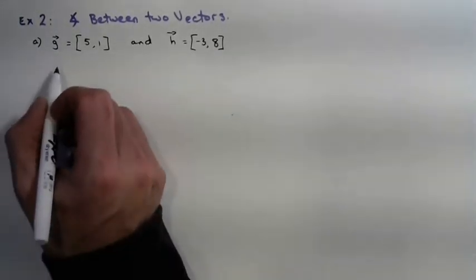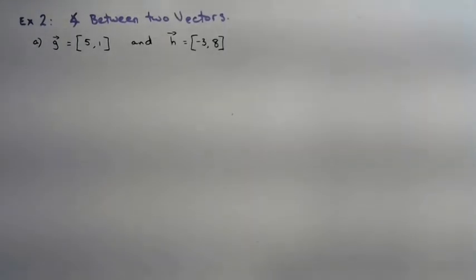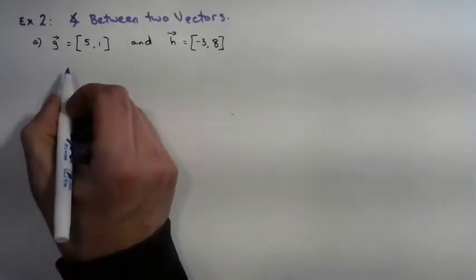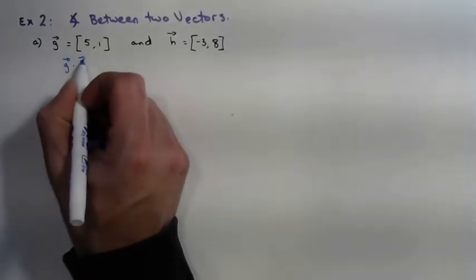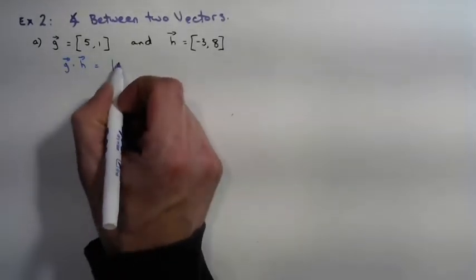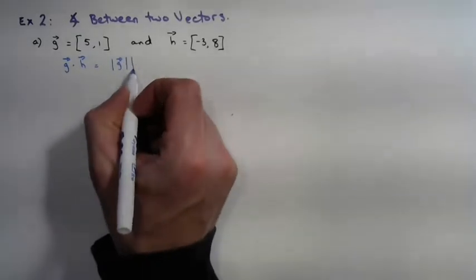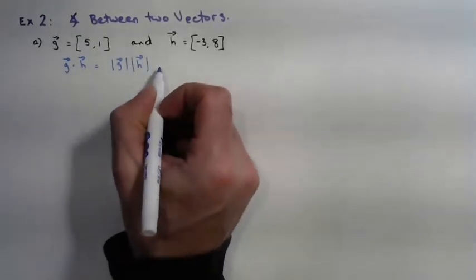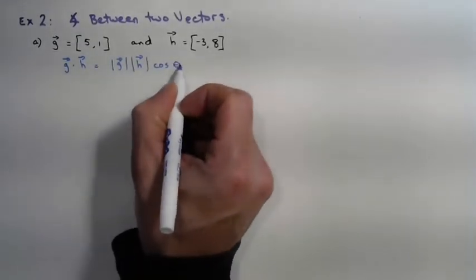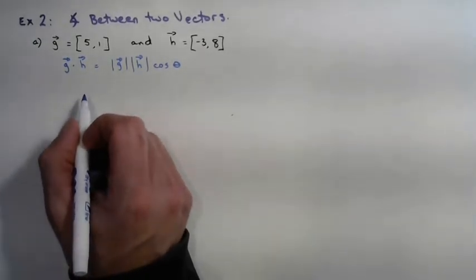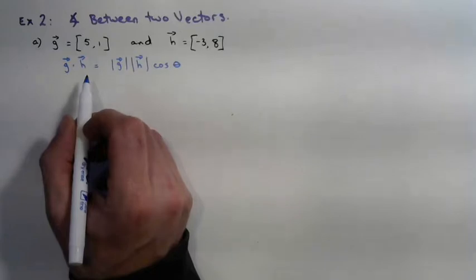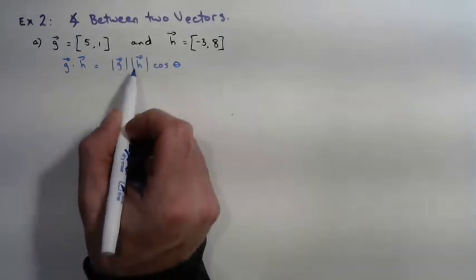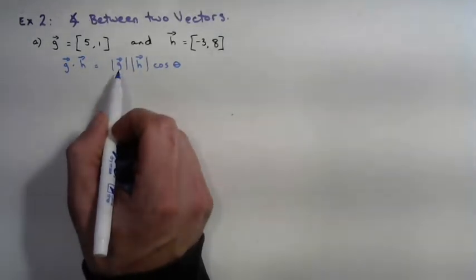And from the definition of the dot product, we know, so this is the solution. So from the definition of the dot product, we know g dot h is equal to the magnitude of g times the magnitude of h times the cosine of theta. Okay? So now what we need to do then is to find the magnitude of g and h. Again, there's two ways you could do this.